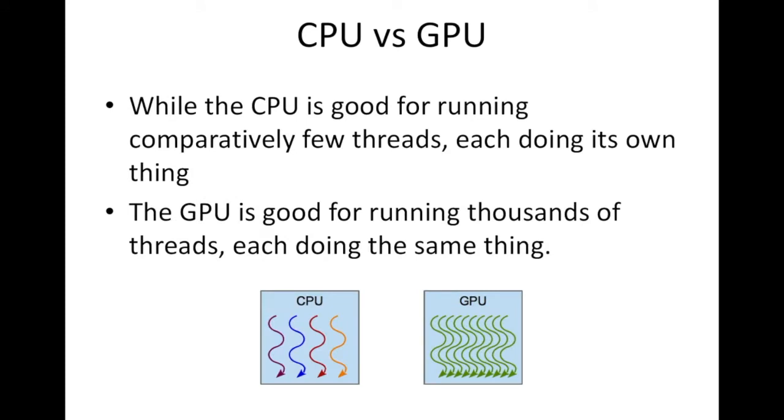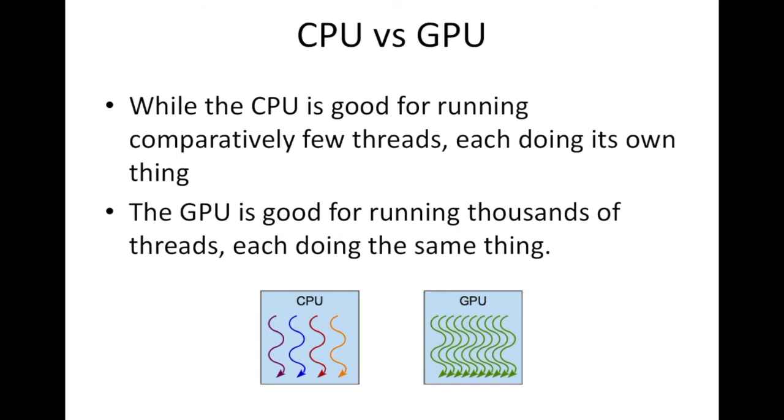The way we're going to use these, kind of like I've hinted, is the CPU, the general purpose CPU, can usually support a modest number of threads, each running their own section of code, maybe each running in a separate process. That's what I tried to draw over there on the left, those little squiggly arrows.